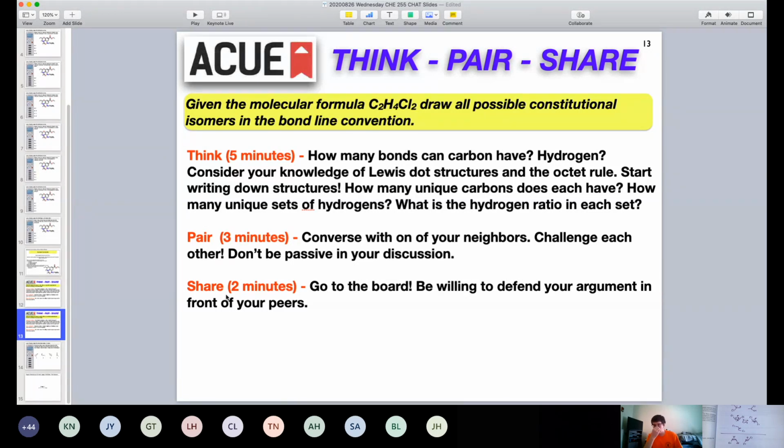So just so we can be complete, how would we name these? It's an ethane derivative, right? There's ethane. At the 1 position, there are both chlorines. So we would call this 1,1-dichloroethane.